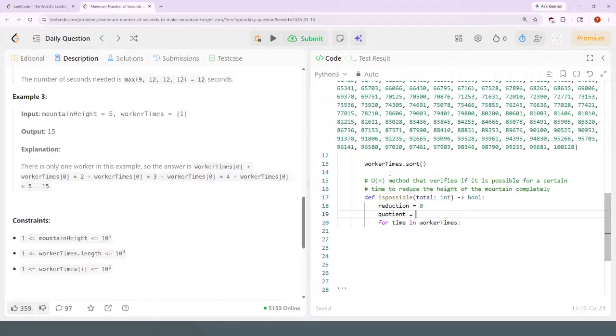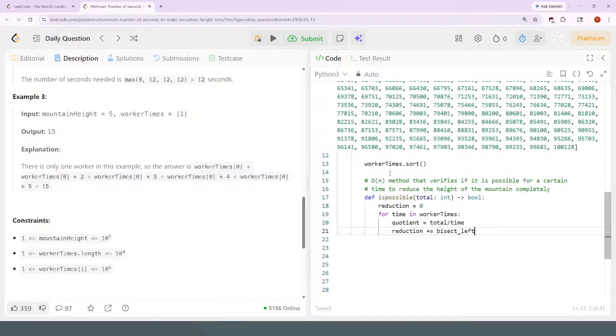Quotient equals total time divided by worker time, and then reduction plus equals bisect left.